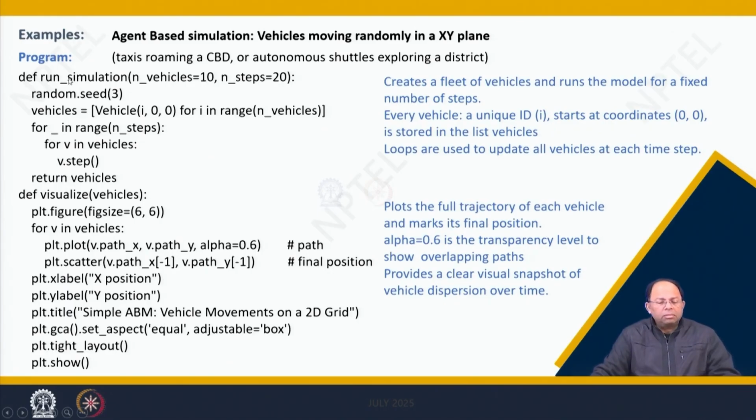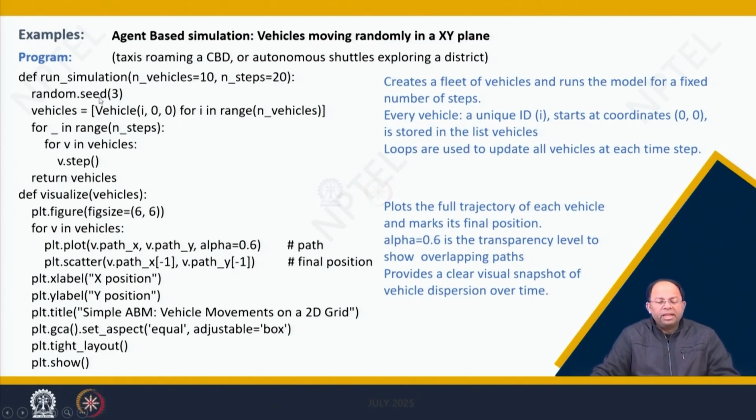The second class, or rather in this particular case, the second function in the program, is where we create a fleet of vehicles. This is the simulation step, right? So in this simulation step, we are creating 10 vehicles and we are doing it in 20 steps.